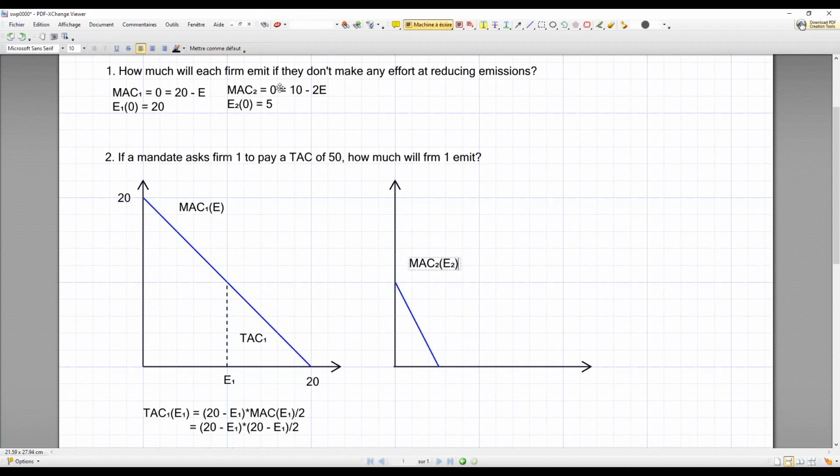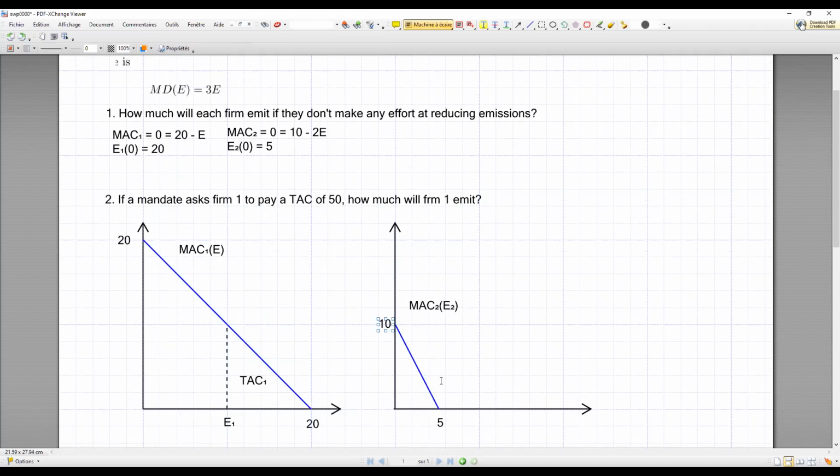Yeah, so it's very useful to just do this initially: the vertical axis is going to start at whatever number you have here, and then it gives you the horizontal axis. So that's 10, and you see that firm 1 emits less.